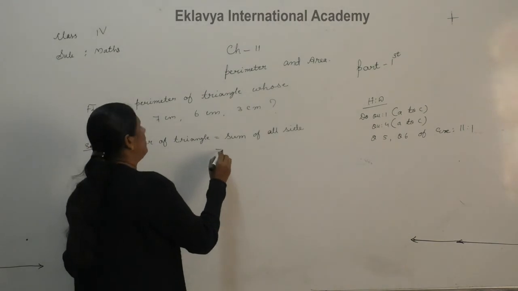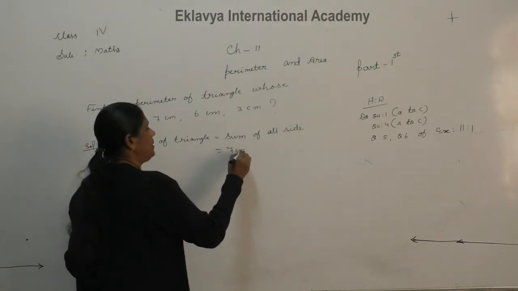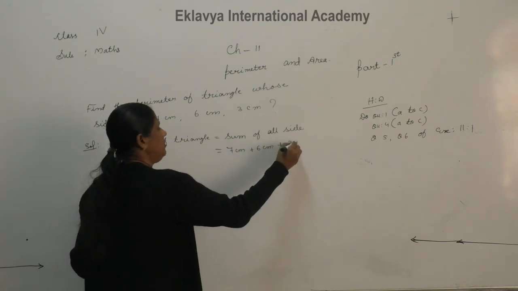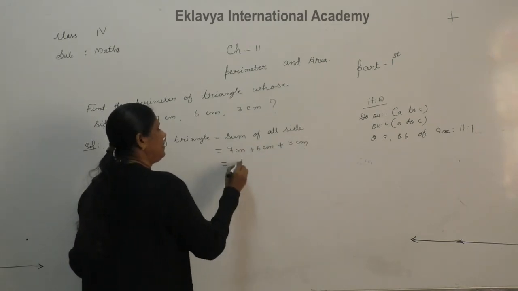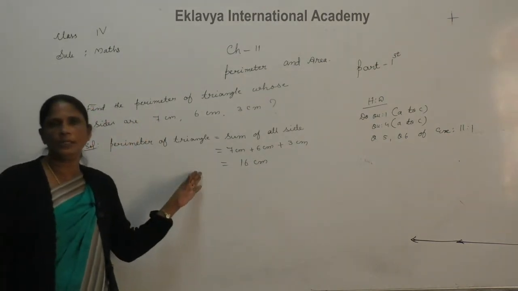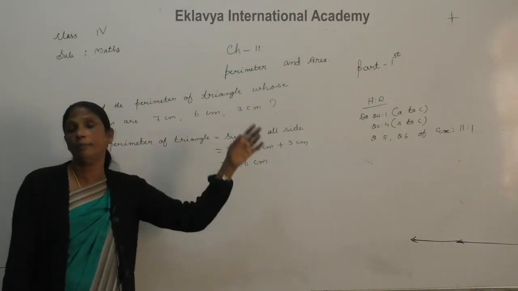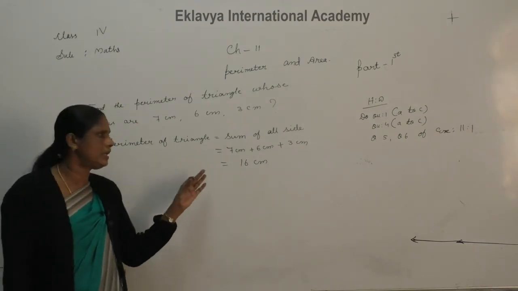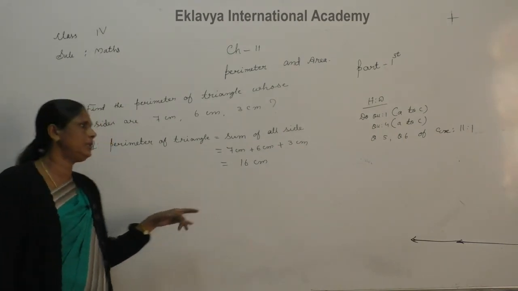That is 7 centimeter plus 6 centimeter plus 3 centimeter, here 16 centimeter. The unit of perimeter is centimeter or meter.